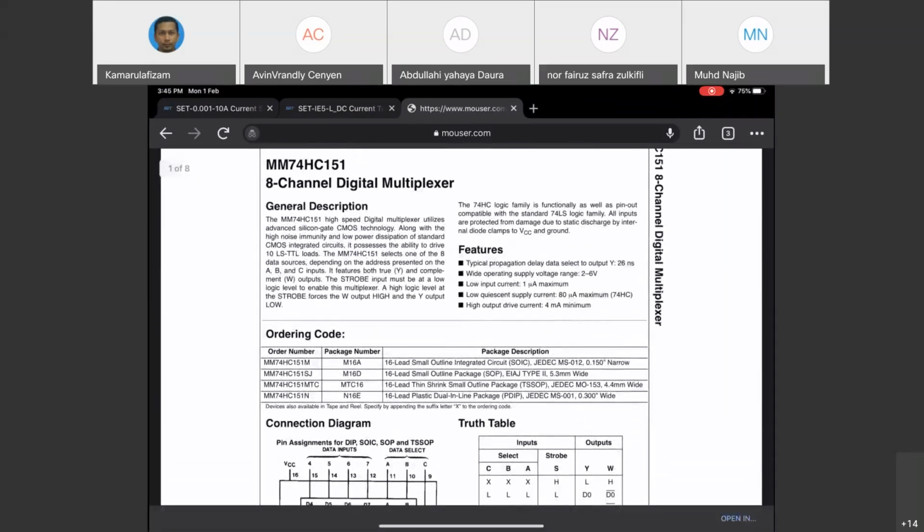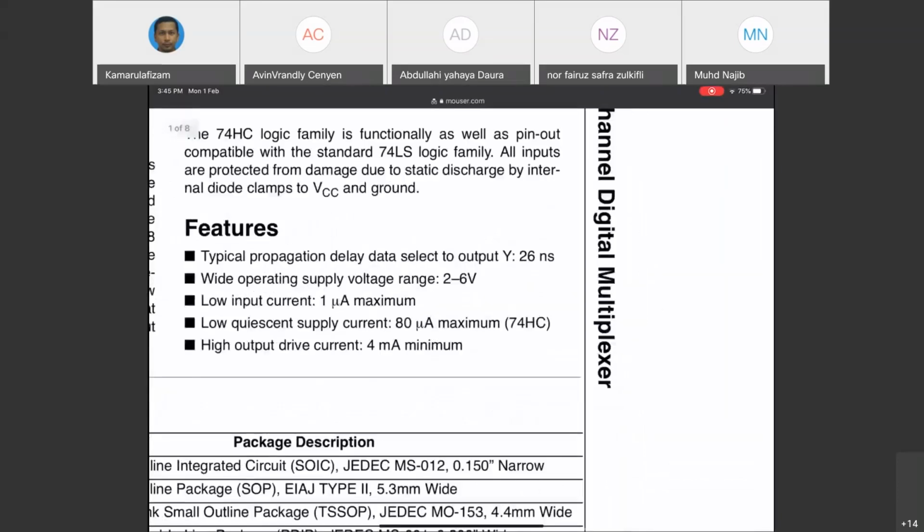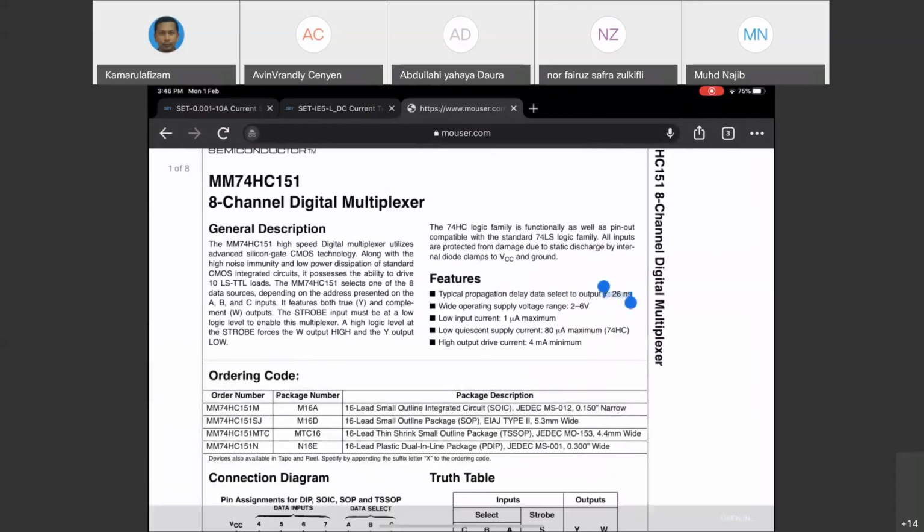Also, in the same kind of chips, you should expect a switching time of 20 nanoseconds or 26, so this is fast enough, up to megahertz speed.